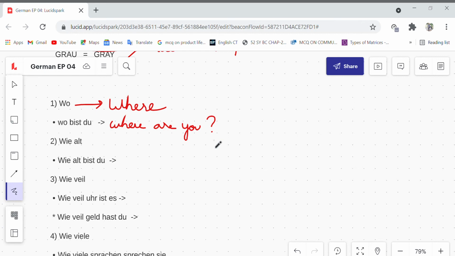Then comes wie alt. Wie alt means how old. You need to note this down in your notebook or else take a screenshot because sometimes words will be here and there, it will be confusing. So wo is where, wo bist du is where are you, wie alt is how old. Bist du means are you. So how old are you?